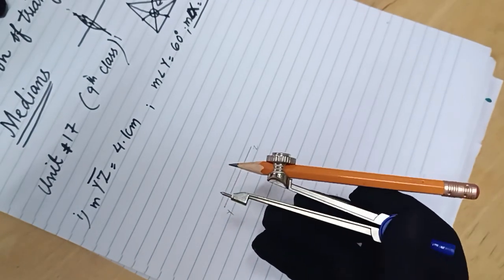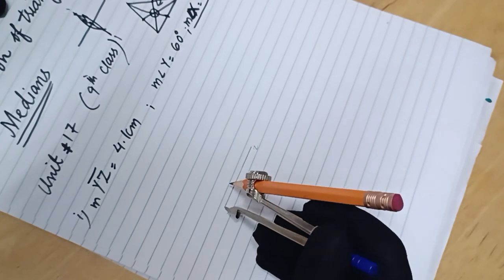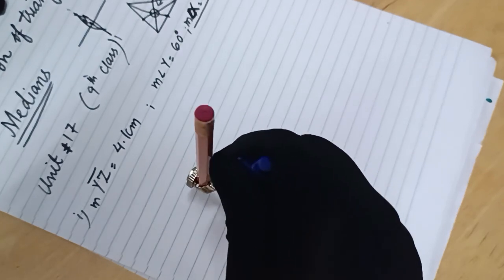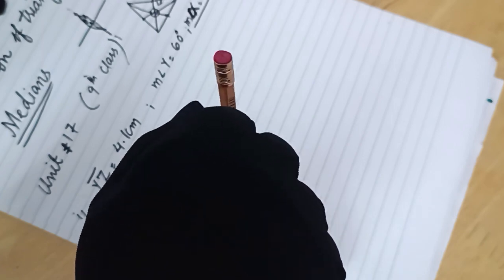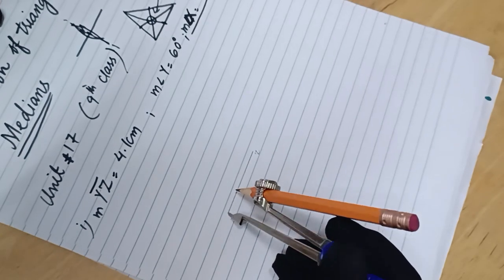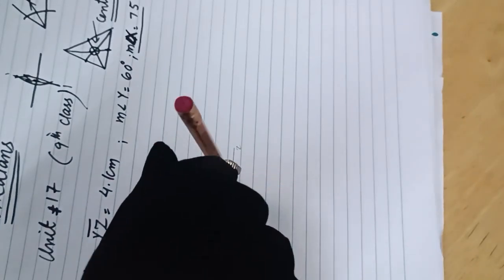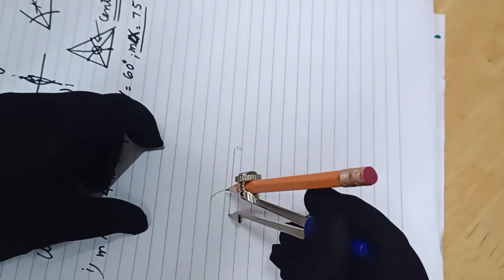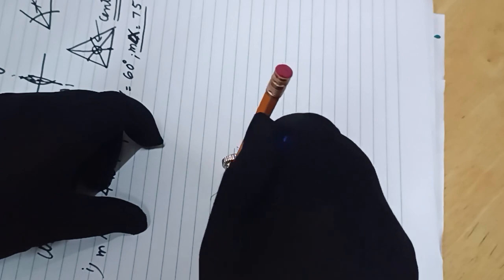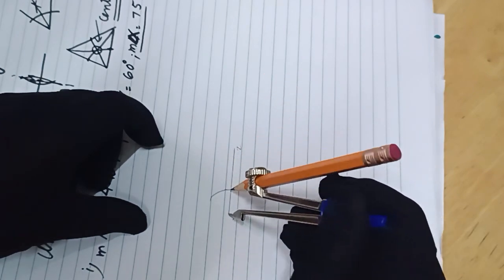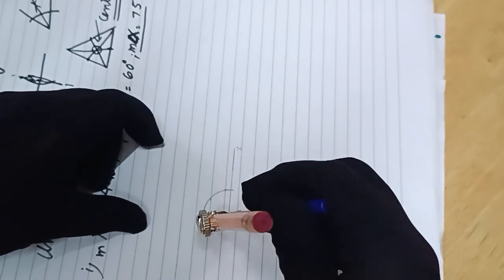Keeping the compass on point y, we will slightly draw the semicircle. Let me rotate it more for my convenience. This is the y, and rotate your pencil like this.